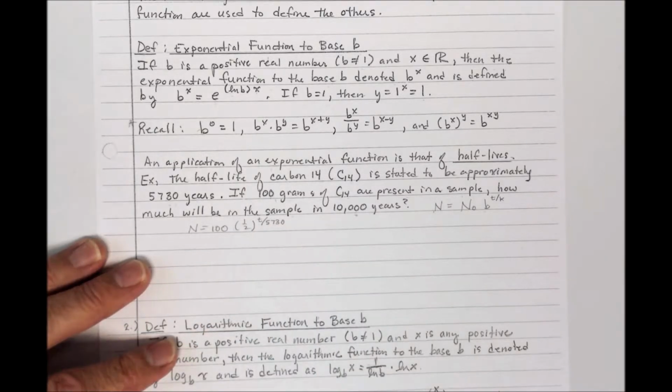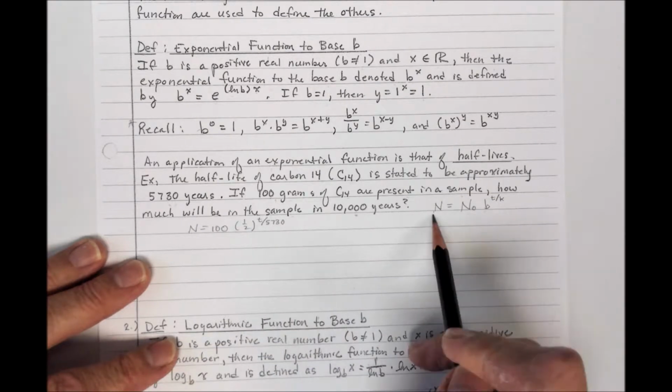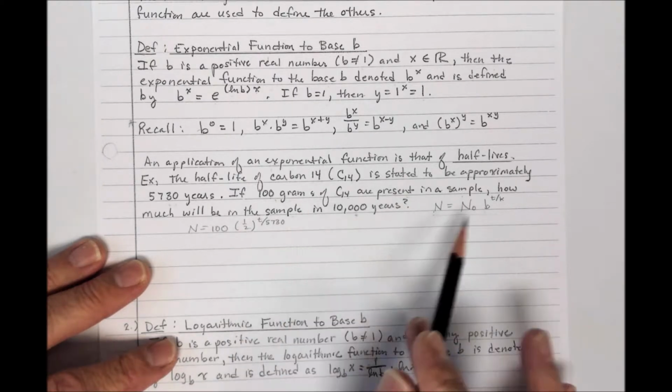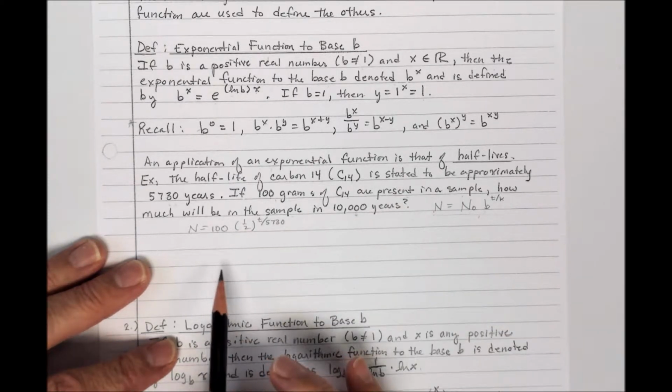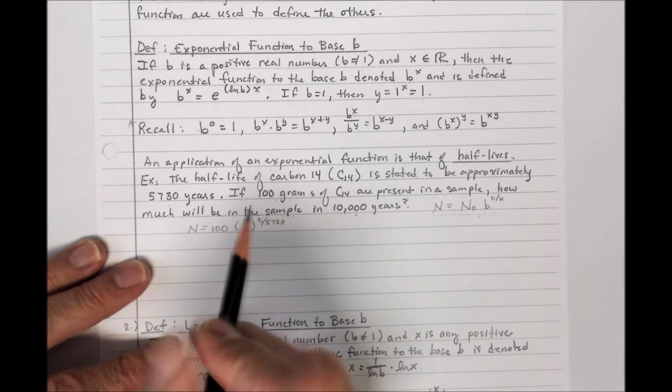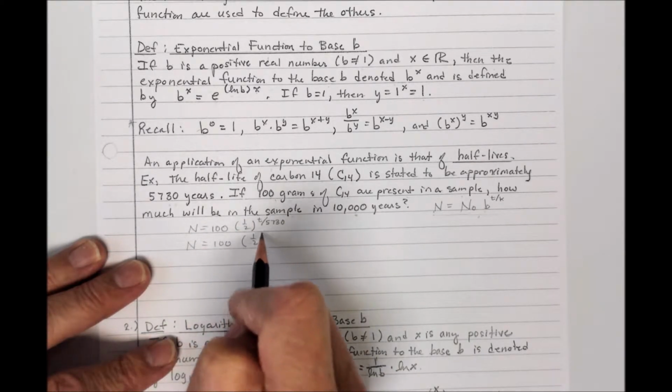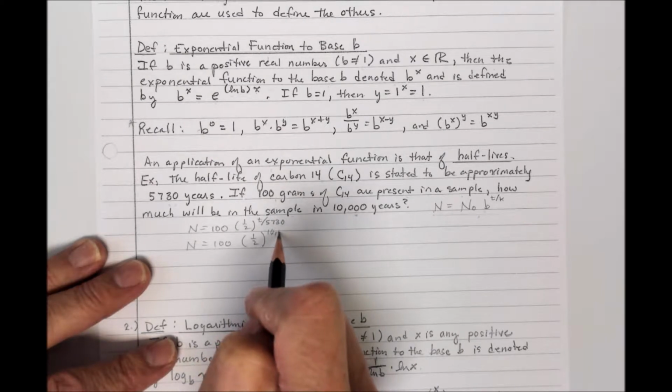We're going to develop a slightly different formula in a little bit, but for this example, this is more than enough. So we're going to figure it out for 10,000 years. N is equal to 100 times 1/2 to the 10,000 divided by 5,730.